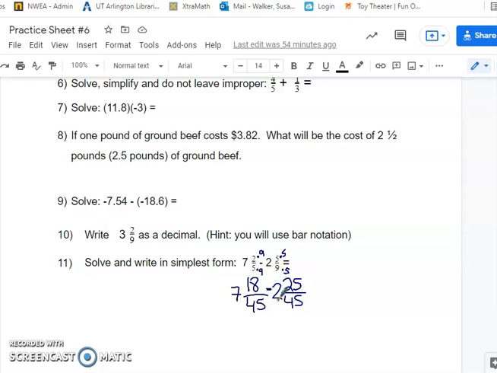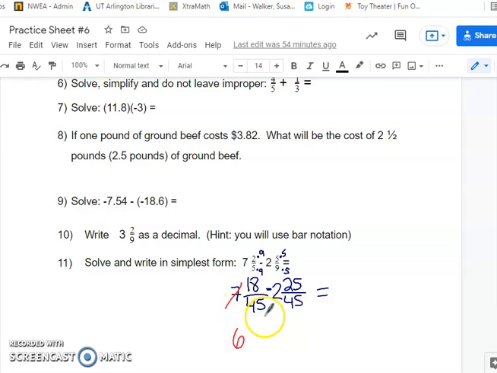Now when I go to subtract, hopefully you can tell we will have to regroup. I know I have to regroup because I cannot do 18 minus 25 on the top here. So remember, we borrow or regroup. The 7 becomes a 6.